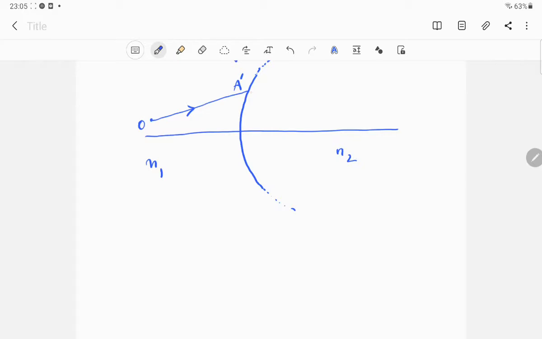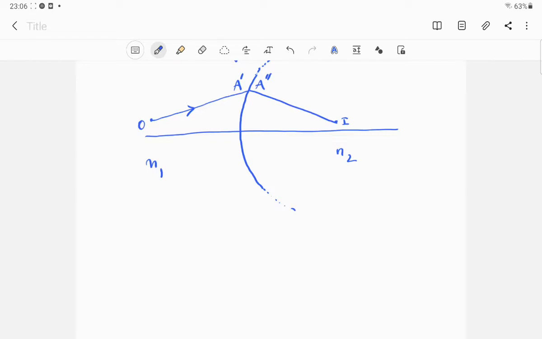Now just after refraction it goes like that, and let me denote this point as the image. This is I for image, O for object. So A double dash is the same point, at the same height, but just after the refraction on the spherical surface.